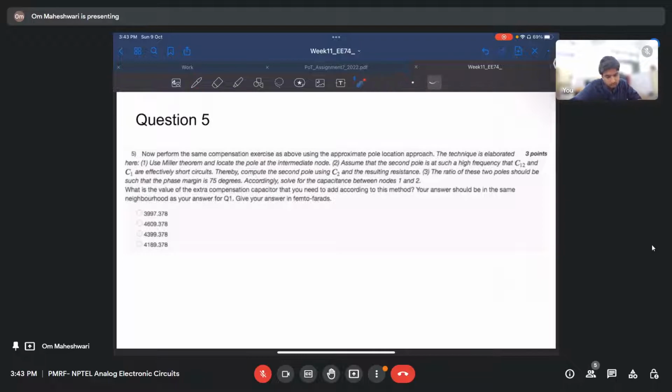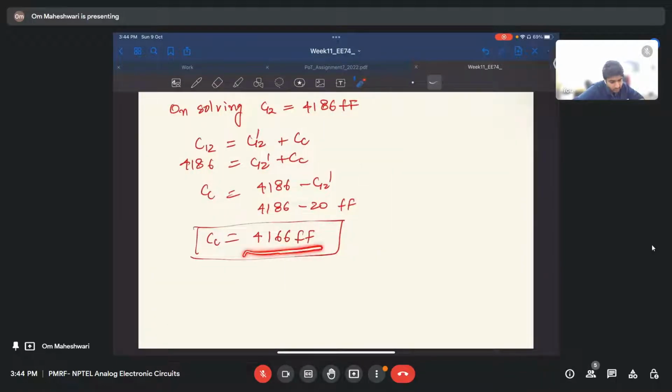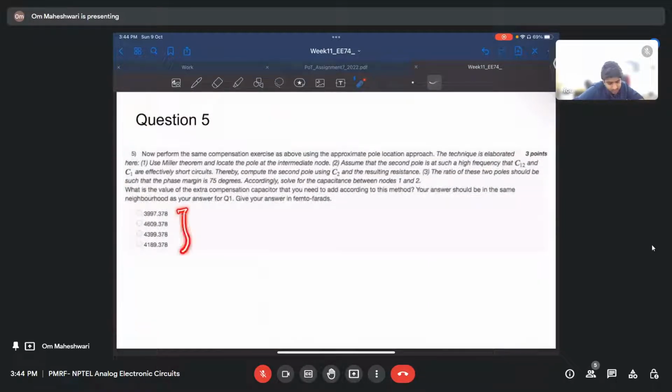The last question is also very similar to the second or third question that we solved, where we had to find the value of CC for which phase margin is 75 degrees. It is the same. They have just asked us to take some approximations this time. Do not solve it completely. What we were getting, their answer is 4166. So even without solving anything, you can see which answer is nearest to 4166.